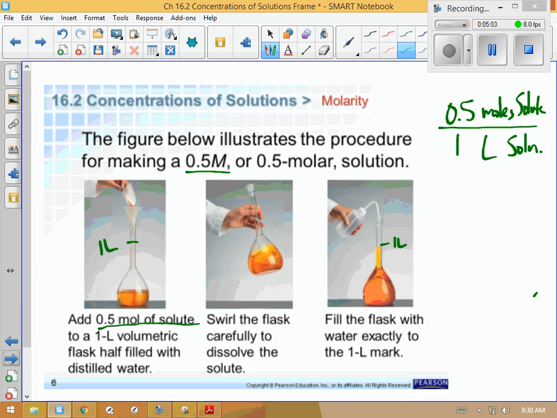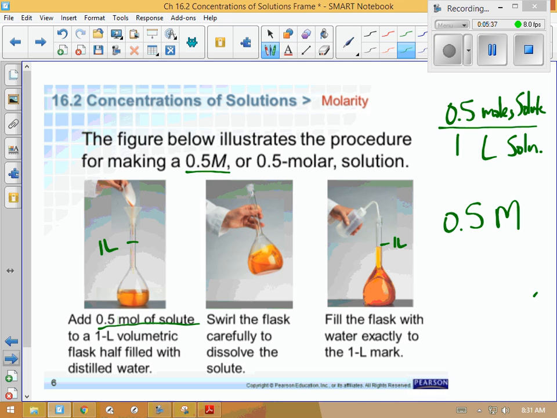Now you have 1 liter of solution that has water and 0.5 moles of solute. Another way to say that is it has 0.5 moles of solute in enough water to create 1 liter. So you have 0.5 moles of solute over 1 liter of solution, and that is a 0.5 molar solution. Pretty simple concept. Moles over liters.